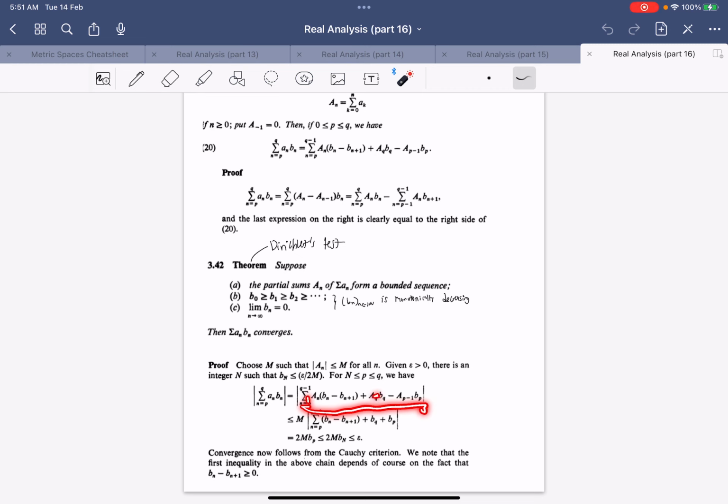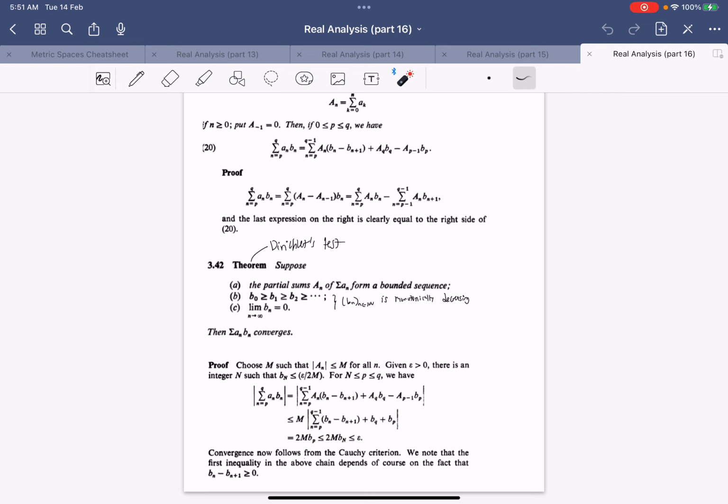And you know A_n is bounded by M, so you can pull out the M, and you get the following over here. And then b_n minus b_{n+1}, this whole thing will be just 2M times b_p.